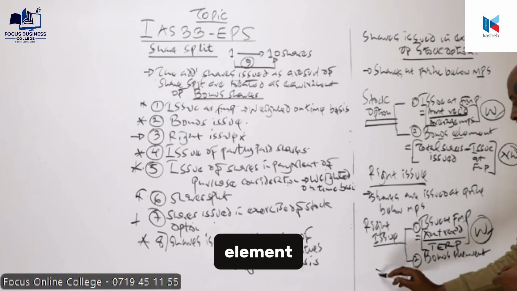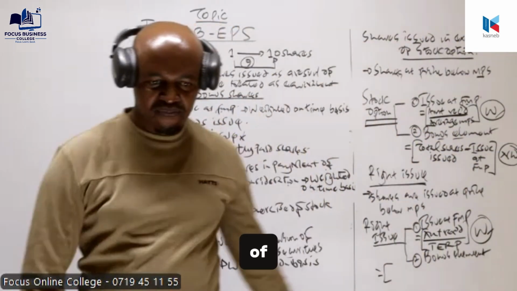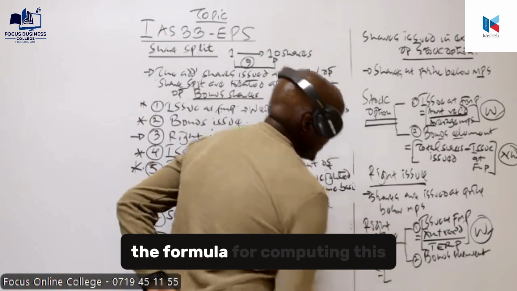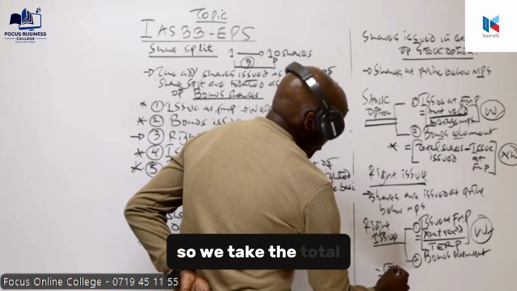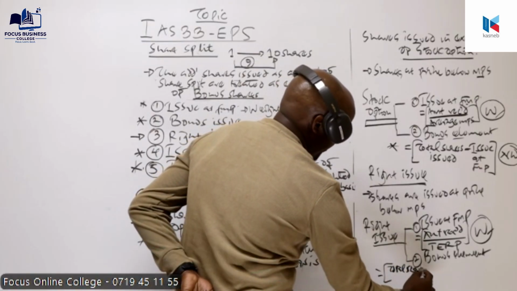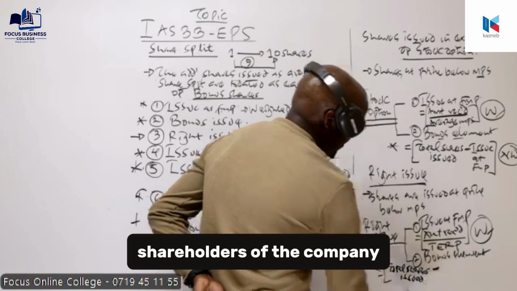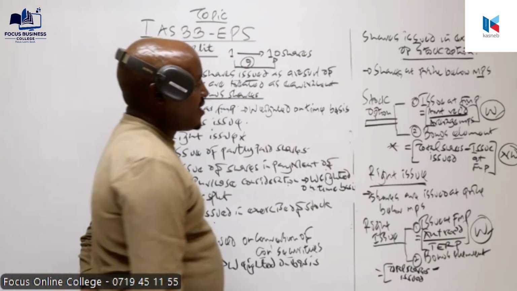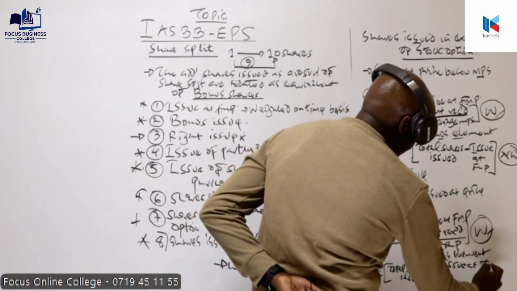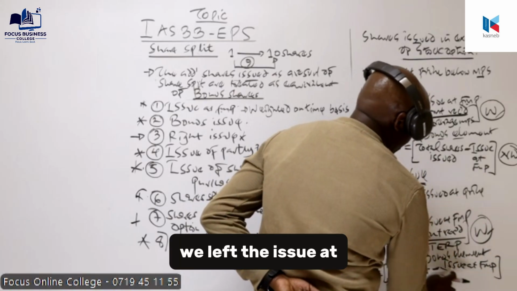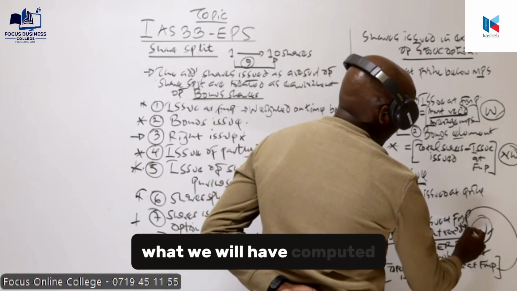So what about the bonus element? Bonus element are the shares which are deemed to be issued free of charge. The formula for computing this is the same as this one. We take the total shares which were issued, how many shares were issued to the existing shareholders of the company, and then we less the issue at full market price, which is basically what we will have computed up there.